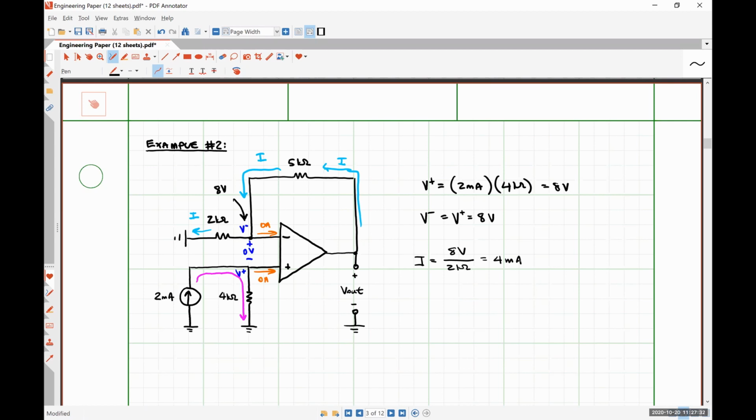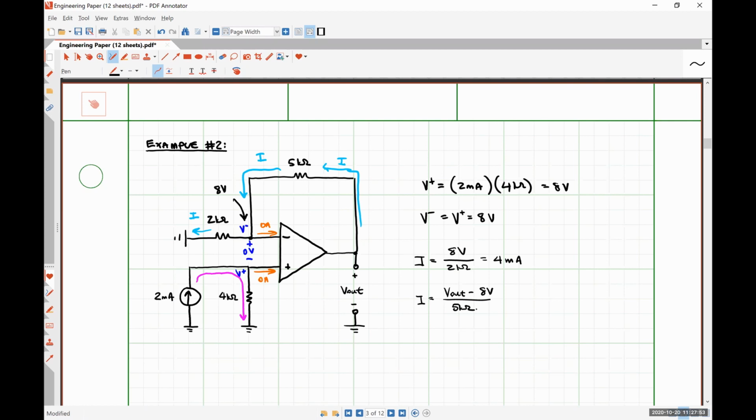milliamps. And we can also say that our current I is our output voltage, V out, minus the voltage present at the inverting input terminal, which is 8 volts, divided by 5 kiloohms.